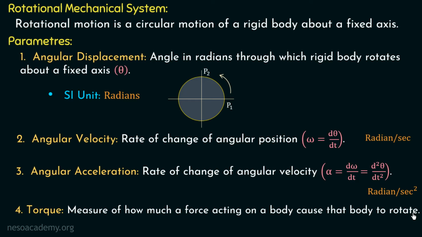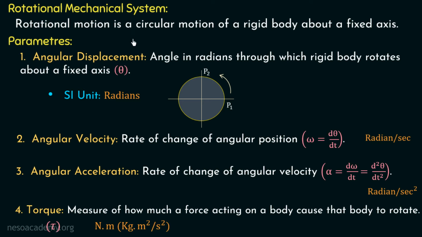Similarly, in rotational mechanical systems, we are applying a force in order to rotate a body through a certain angle. And that force in a rotational mechanical system is regarded as the torque. It is represented by the letter tau, and the SI unit of torque is Newton meter or kg meter squared per second squared. So these are the parameters which are present in rotational motion.